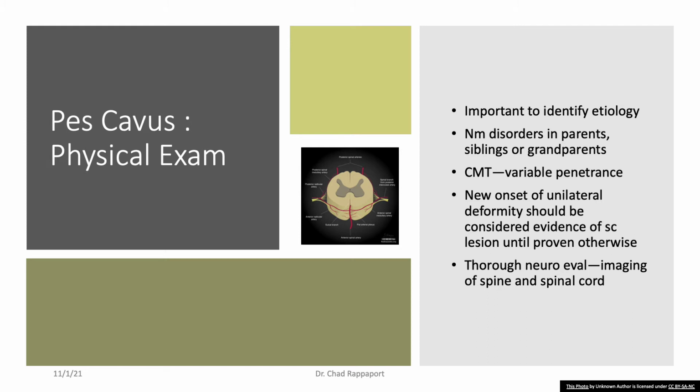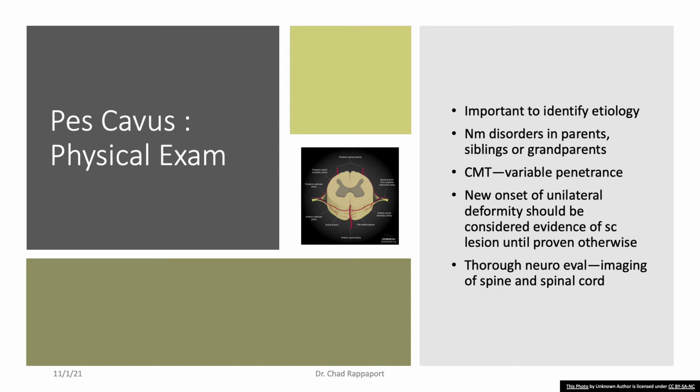So how do these patients present and what do they look like when they present? It's important to identify the etiology of these patients whenever possible. So it's important to ask about neuromuscular disorders in parents, siblings, or grandparents because Charcot-Marie-Tooth has a variable penetrance.